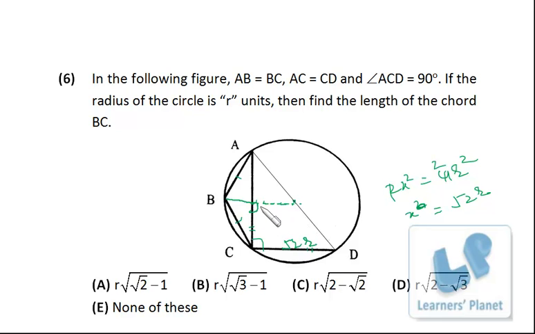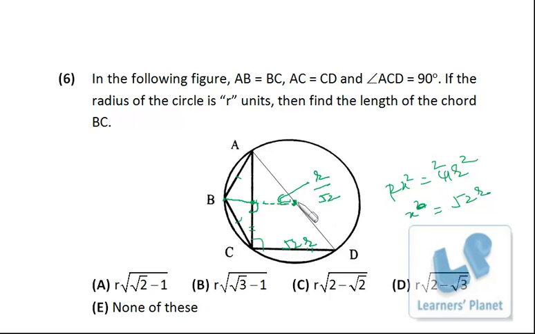Now this length is root 2R, and this is the midpoint of this line, and this line is parallel to this line. That means according to midpoint theorem, this length must be half of this length, right? So this length must be root 2R by 2, or I can say R by root 2. From this point to this point, it is R by root 2.